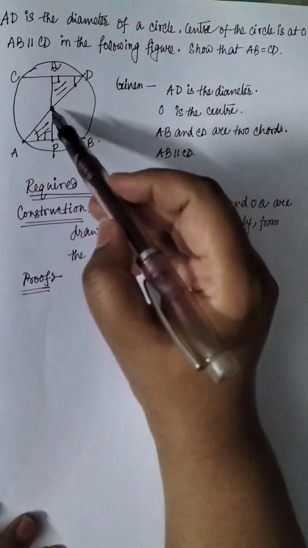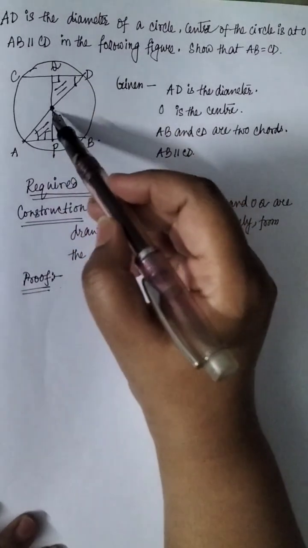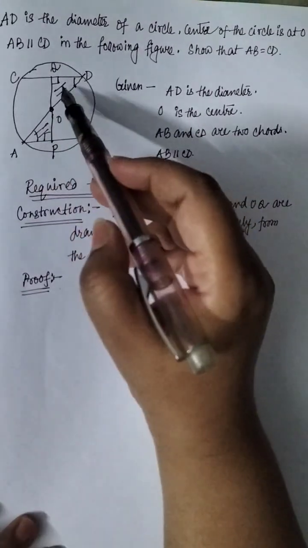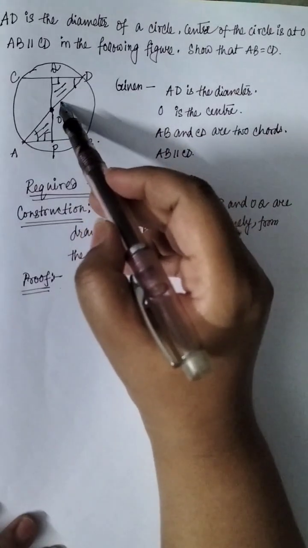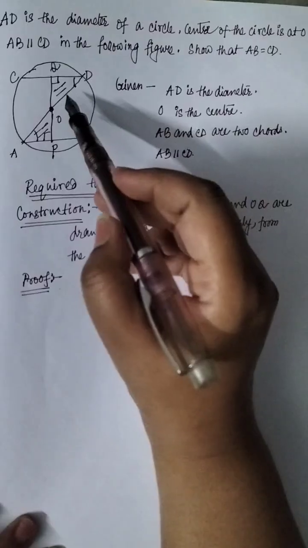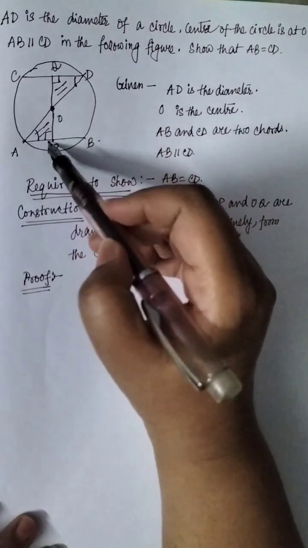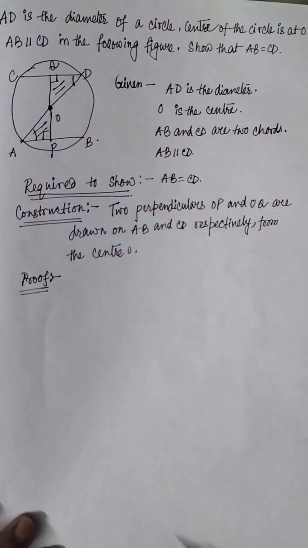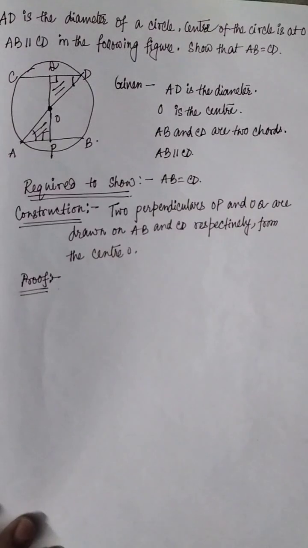Moreover, AD is the diameter, O is the center, so OD equals to OA. So by angle side property, we can say that these two triangles are congruent. As they are congruent, we may conclude that OP equals to OQ, and hence the statement will be proved. So let's do this.